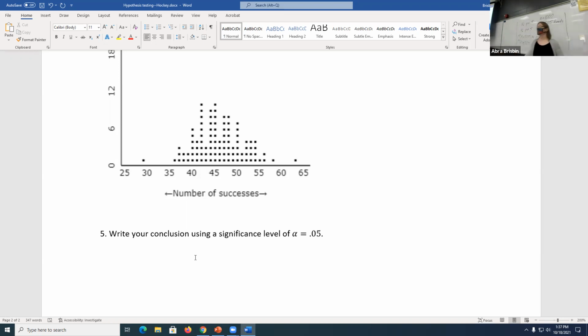All right. So yeah, our p-value is less than alpha. So we're going to reject the null hypothesis.